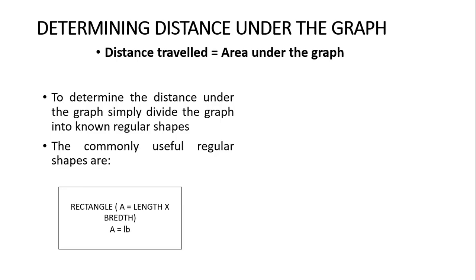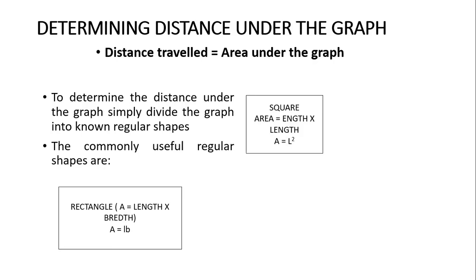The area of the rectangle is length times breadth. The length is the longest side and the breadth is the shortest side. So to find the area, you just need to multiply length times breadth. When you find the area, it simply means that you have found the distance. So whenever you've been asked to find the distance, just find the area.